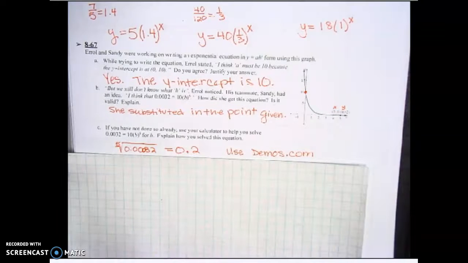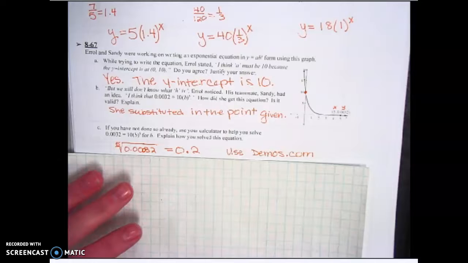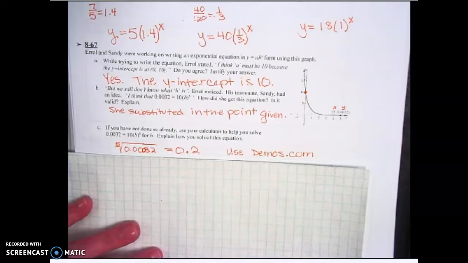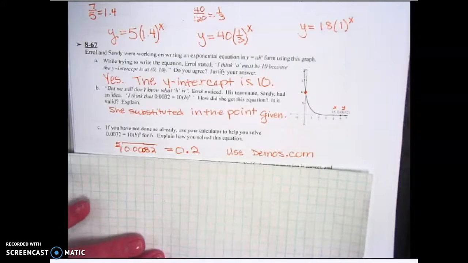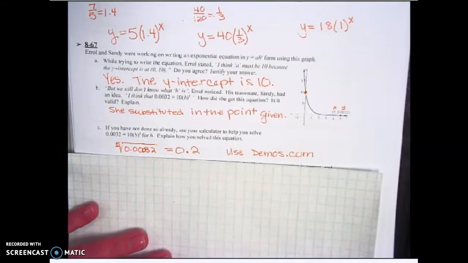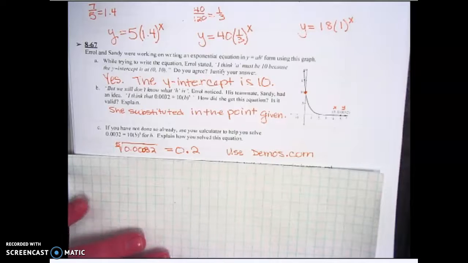It'll have a 5th root for you. The calculator on your phone will do it for you too, but it's a little bit trickier to figure out. Plus, you can't use your cell phone on a test. You can only use a scientific calculator. So if you have a scientific calculator, definitely practice with it.